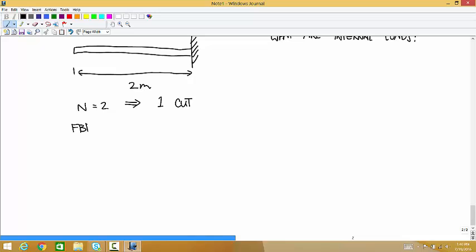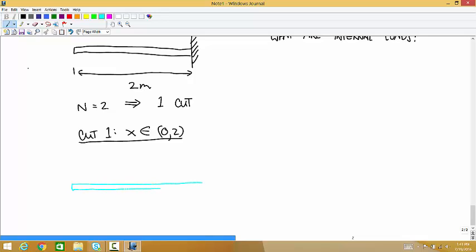Okay, so a free body diagram of our cut. Our first cut, our only cut, is valid for x between 0 and 2. There's this stuff going on at the wall over here that we don't care about.